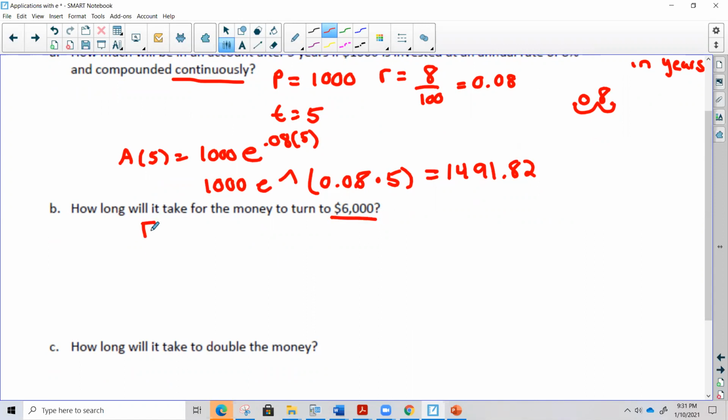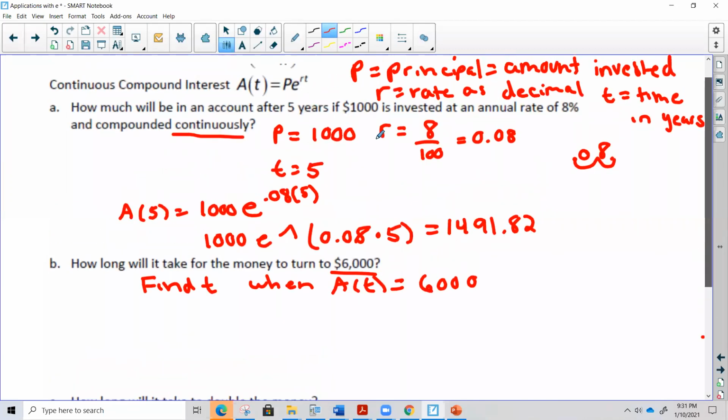Okay, so part b says, how long will it take for the money to turn to 6,000? So in this case, I'm trying to find t when A of t is 6,000. When they give you the end amount, that's A of t. And so we're going to assume that P is the same and r is the same, but that we no longer need t. So in this formula, I would plug 6,000 in for A of t, 1,000 in for P, e, and then the 0.08, and then a t.